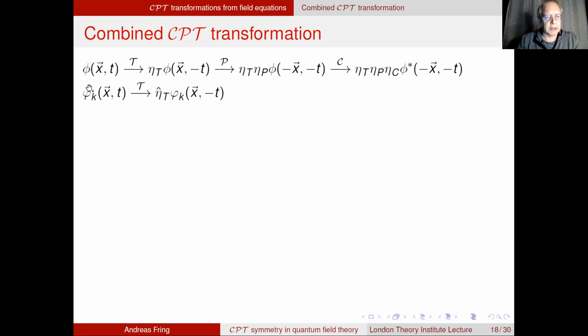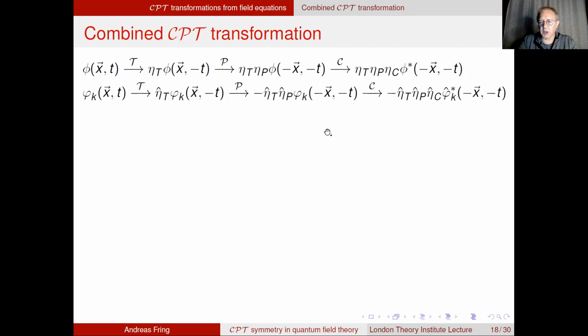Same for the spin 1 field. I reverse the time, multiply by this constant. When I time reverse, now I'm acting with P, which picks up a minus sign here in this case and reverses the space. And when we charge conjugate, we have to replace this field by its conjugate field. There's no hat over here. When we do it for the time component, we pick up a minus sign in the time reversal.